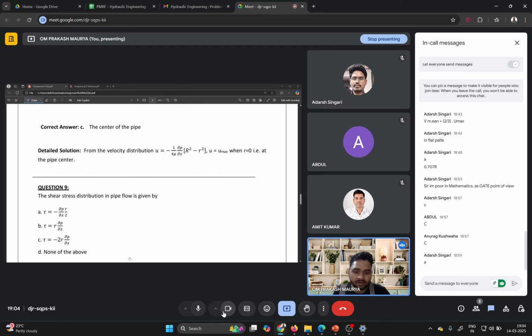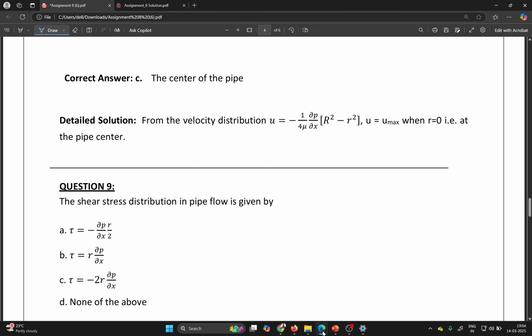Okay, question number 9 is: the shear stress distribution in the pipe flow is given by, how shear stress varies in a pipe.